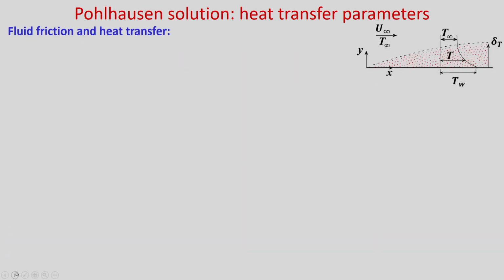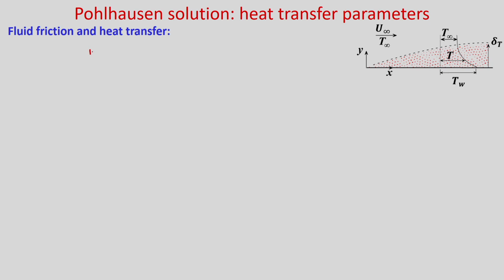Okay. Now, we will discuss the fluid friction and heat transfer relation. You can see that we have found the local Nusselt number as 0.332 Prandtl number to the power 1 by 3 Re x to the power half in the range of Prandtl number 0.6 and 15.